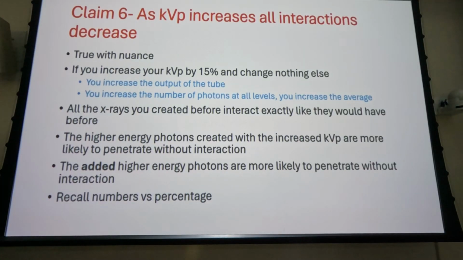The higher photons that are created with the increased kVp are more likely to penetrate without any kind of interaction. The added higher energy photons are more likely to penetrate without any interaction. So again, you get more penetration, fewer photoelectrics, fewer Compton, but more Compton relative to the photoelectrics.